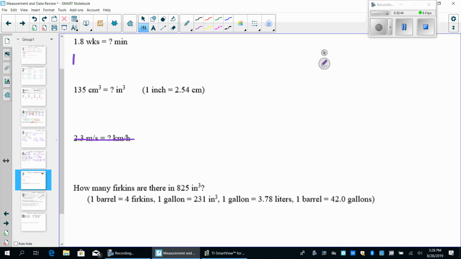All right, so you always write down what you're starting with in the units. So I would say we need to go from weeks to days, days to hours, hours to minutes. So weeks to days, we have 7 days in a week. 1 week goes on the bottom, 7 days on the top.